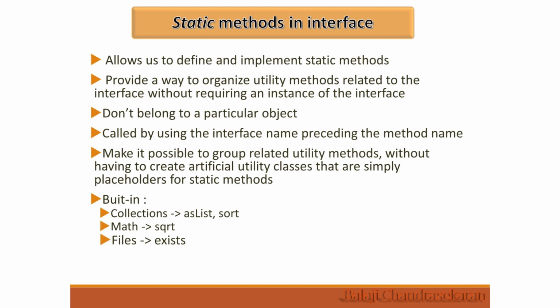The Files class has static methods for working with files and directories. These are just a few examples, and there are many other classes in the Java standard library that use static methods in interfaces to provide utility functionality. This approach allows for a more organized and modular design, grouping related methods with a common interface.